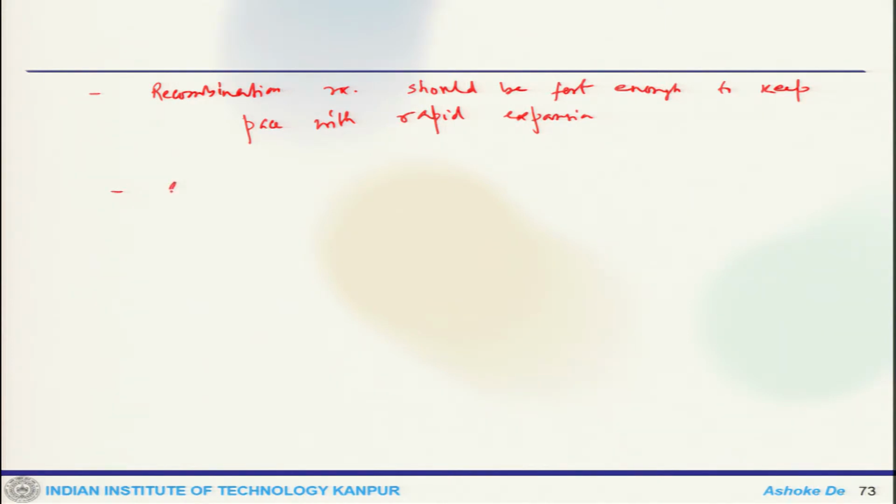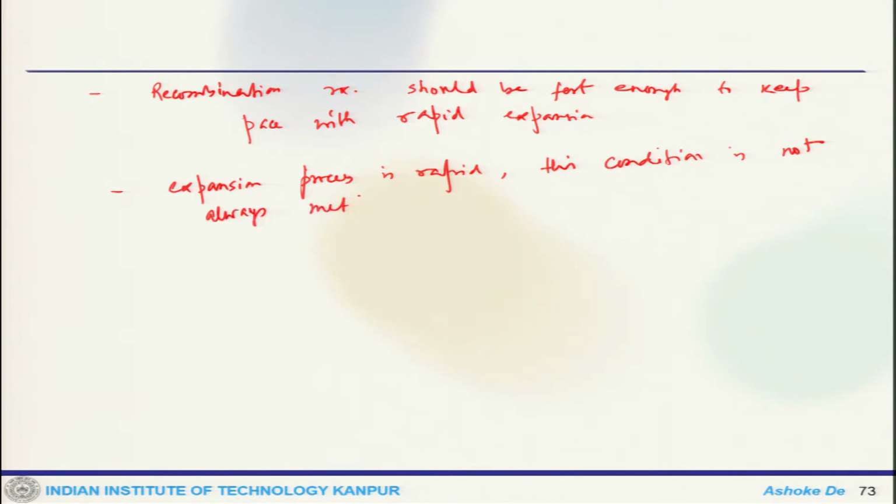Now, the expansion process is rapid. So, that is why this condition is not always met. In a limiting case, one can have the recombination time tau greater than the expansion time.